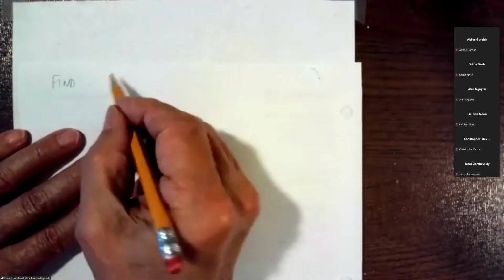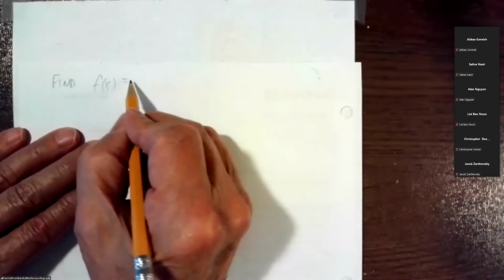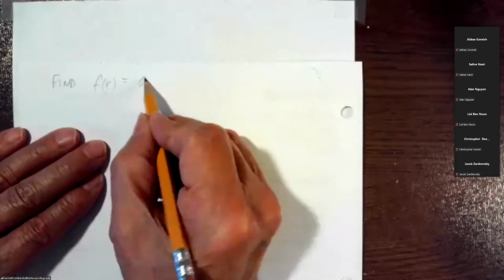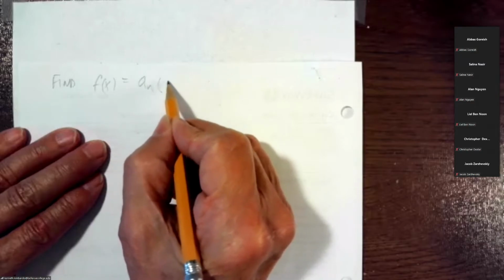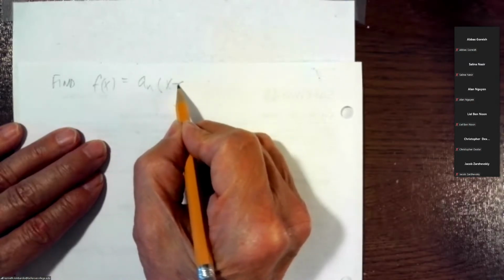Yes, here's one that I want you to be comfortable with. Let's say that you're asked to find the function, and it's of the form where it's factored. Let's say it's a sub n times x minus some value.